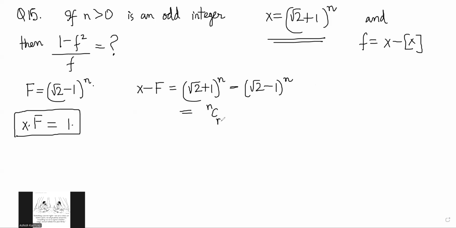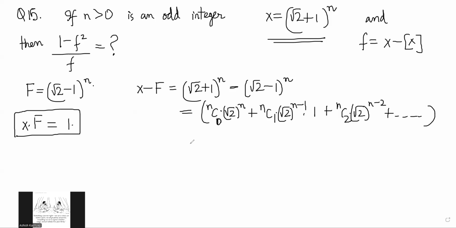This is nC0 root 2 power n plus nC1 root 2 power n minus 1, nC2 root 2 power n minus 2, and so on. And we are subtracting nC0 root 2 power n minus nC1 root 2 power n minus 1, and so on.